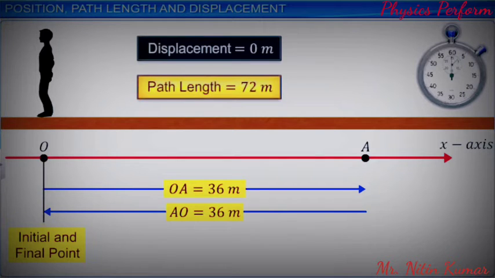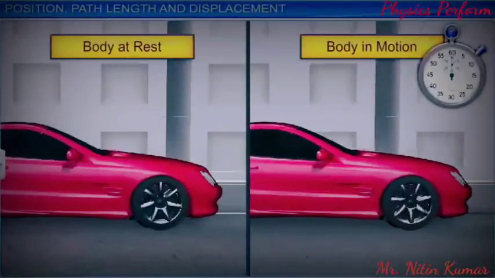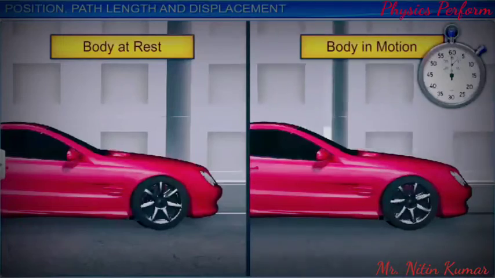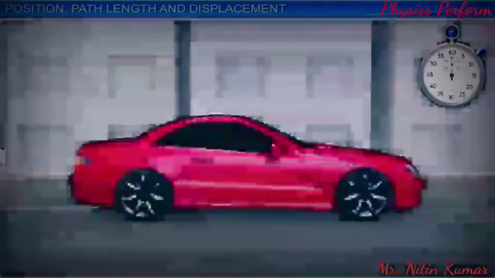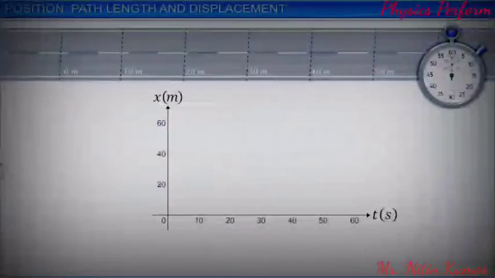Let us observe some types of motion and the corresponding graphical representation. Case 1. When an object is stationary, its position does not change with time. A car is stationary, say at a point 40 meters from the origin.